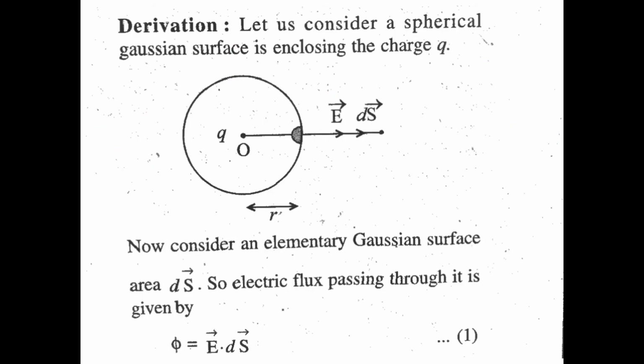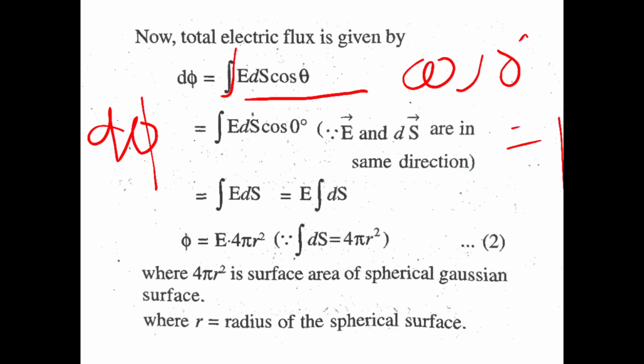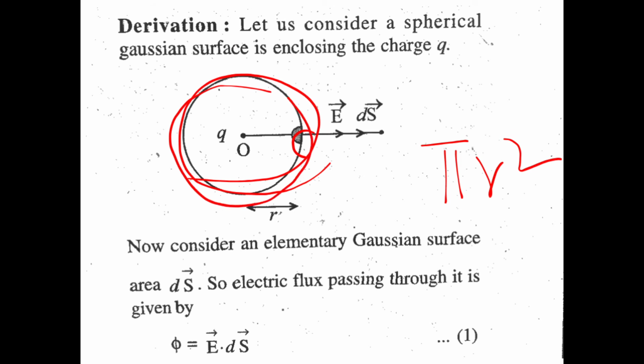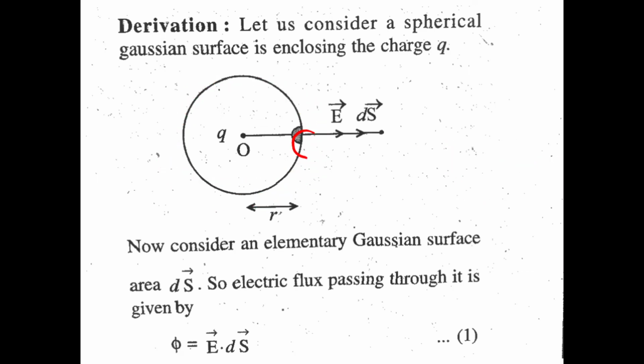Here the area of the sphere is 4 pi r square, because the total Gaussian surface area becomes 4 pi r square, where r is the radius of the sphere.